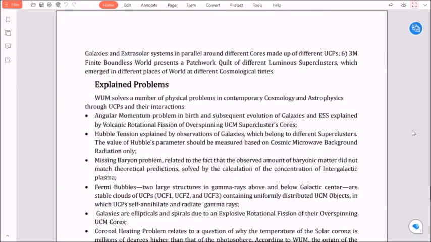Fermi bubbles, two large structures in gamma rays above and below the galactic center, are stable clouds of UC particles, UCF1, UCF2, and UCF3, containing uniformly distributed UC matter objects in which UC particles self-annihilate and radiate gamma rays. Galaxies are ellipticals and spirals due to an explosive rotational fission of their overspinning UC matter cores.